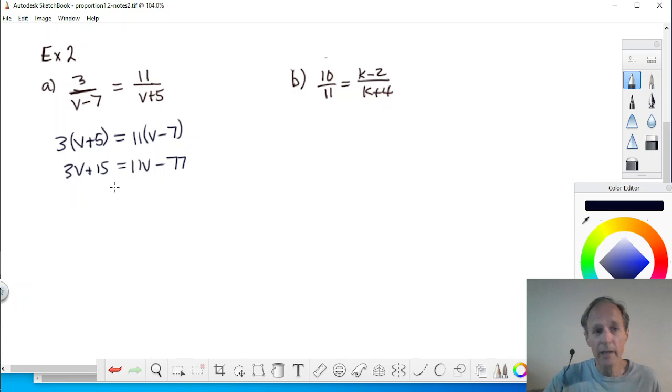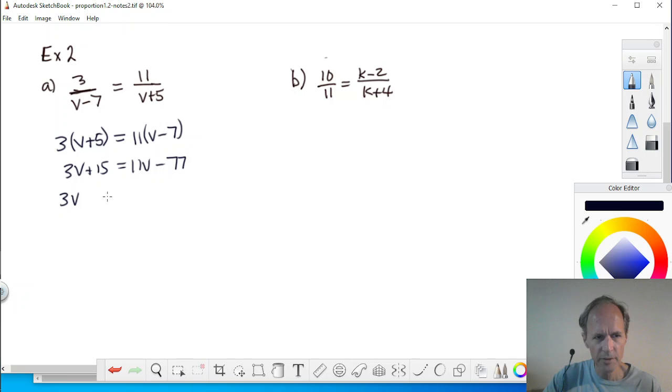Okay, so now this one has a little bit more to it, but it's nothing we haven't seen before, right? You just solve this like we did all the others. We'll take the 3v over to the left by subtracting 3v from both sides, and get rid of it. We'll get rid of it on the left, I mean. So write 3v.